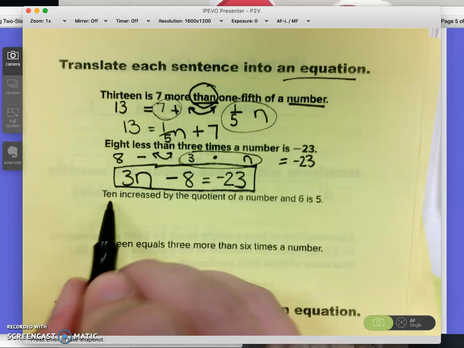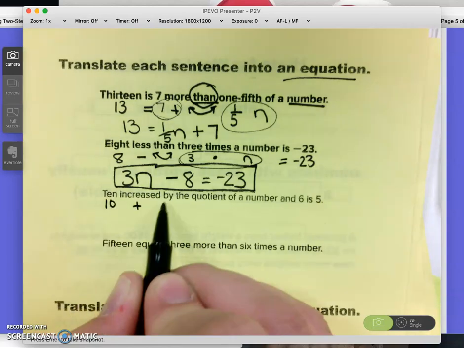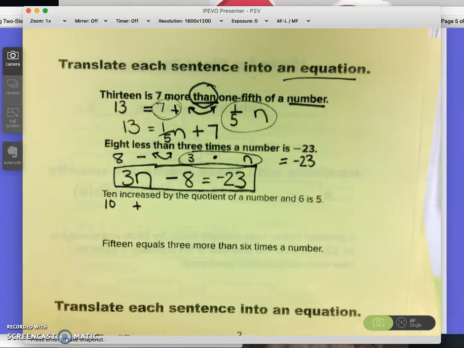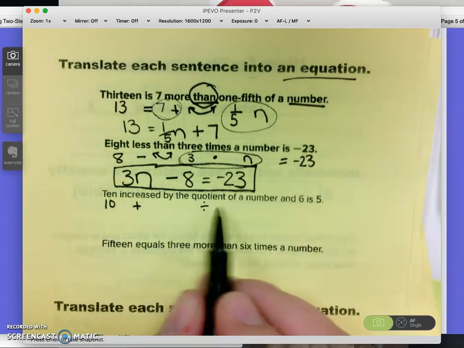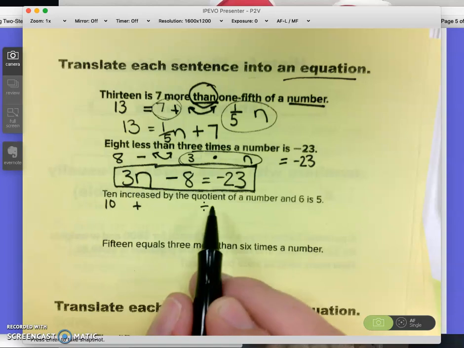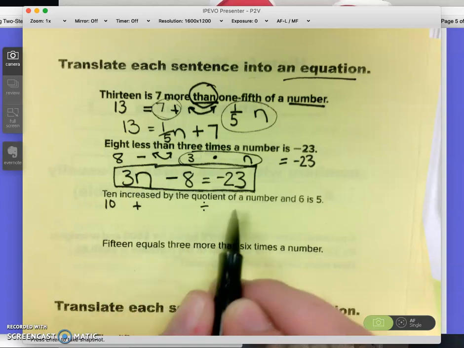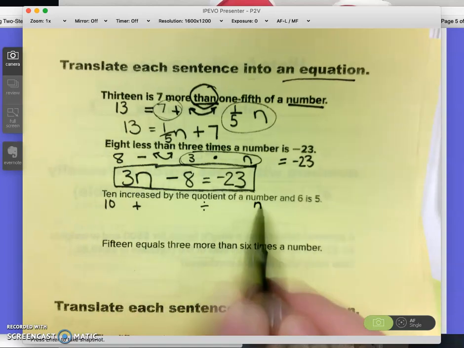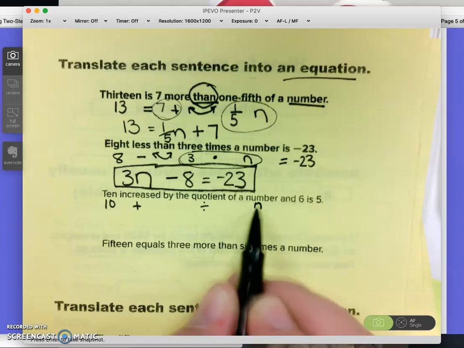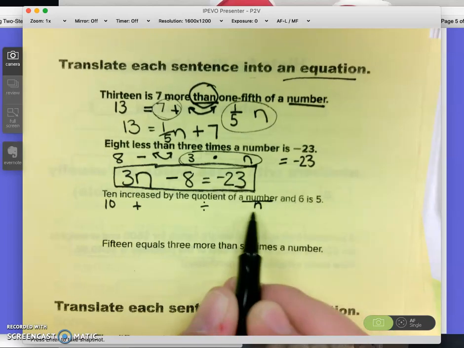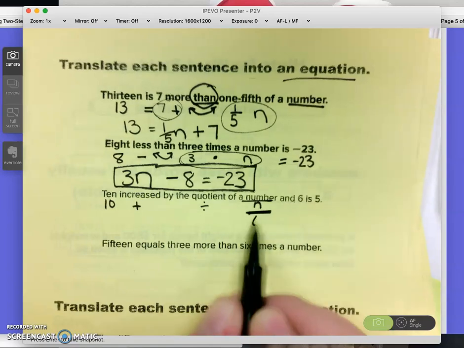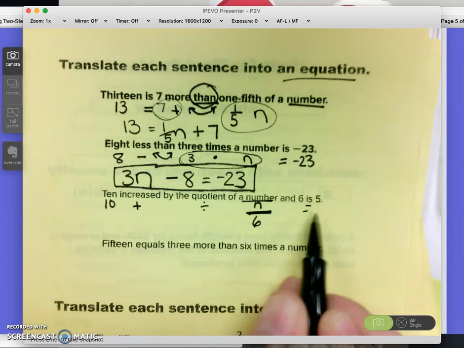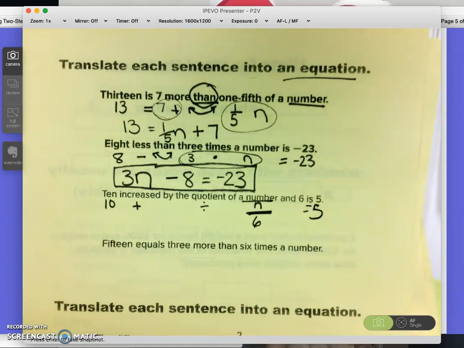Okay, 10 increased by the quotient. Whenever you see the quotient, it's going to be division, right? With division, it says the quotient of a number and 6. The number, or whatever the first thing it says, is going to go on top, and then a division bar, and 6 goes on the bottom. And then is the equal, and 5.